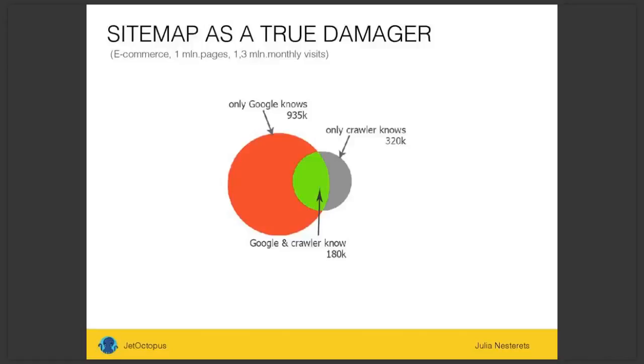They are not in the structure of the website, and crawling budget is spent there. And only 180,000 pages are effectively crawled by Google bots from the point of view of the webmaster. So they are in the structure of the website, and they are known by Googlebot. And there are 320,000 pages which are not known by bots, but which are commercially valuable.